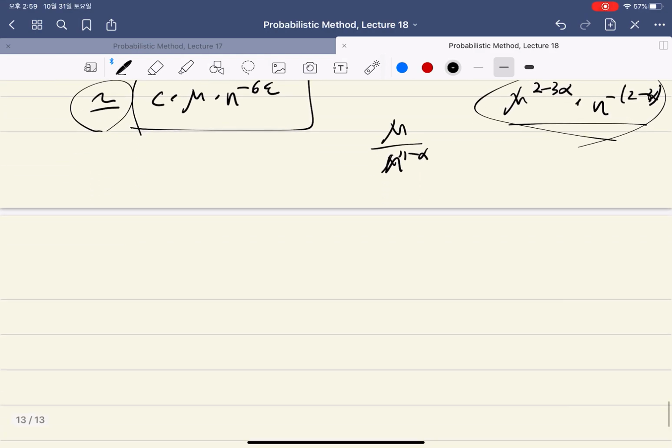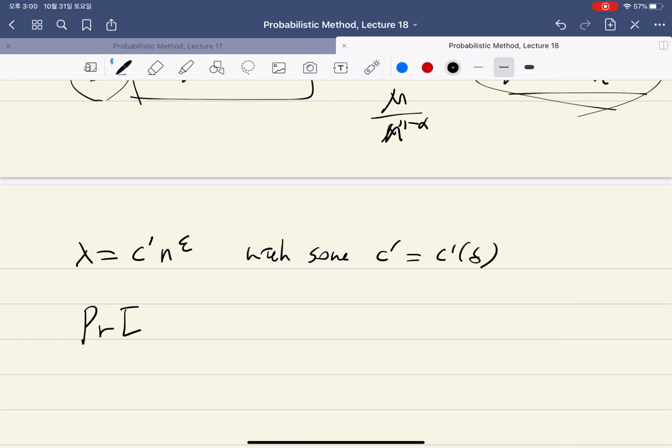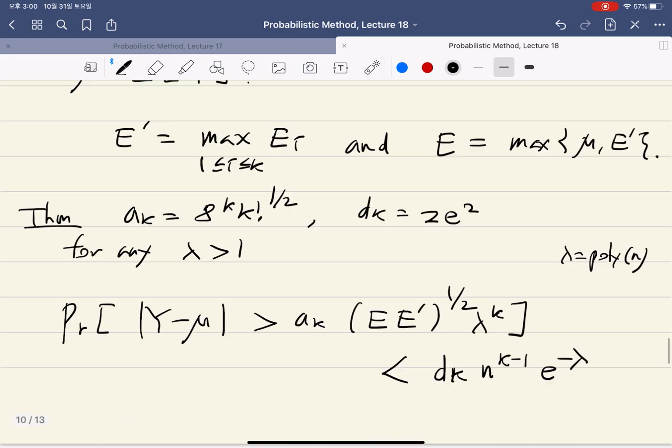So now we use Kim-Vu polynomial concentration with lambda being C prime n to the epsilon, with some C prime, which actually depends on delta. Then you just plug the numbers in.